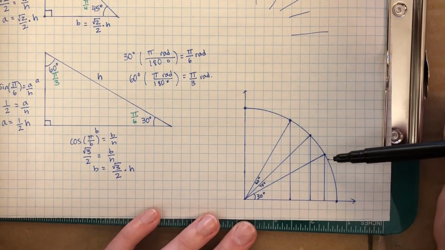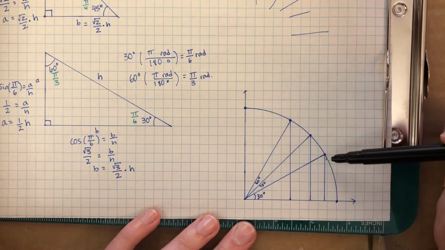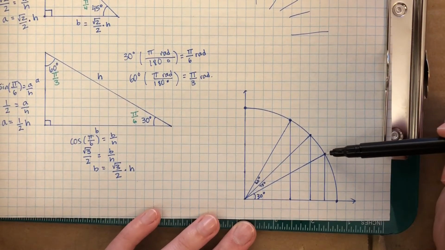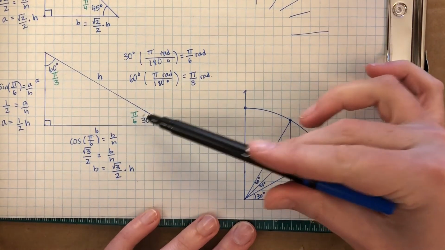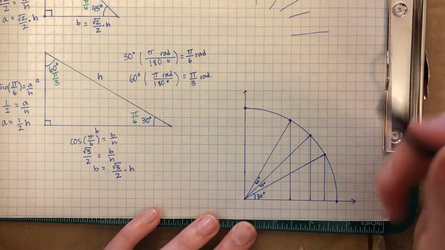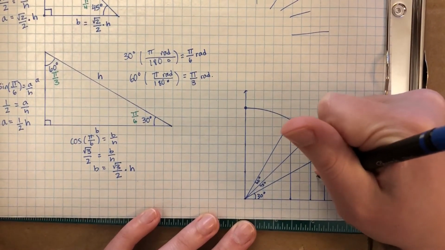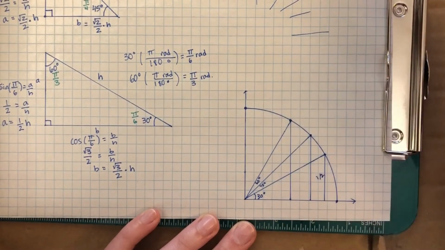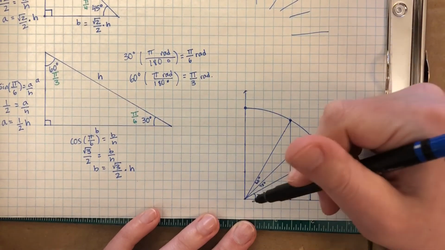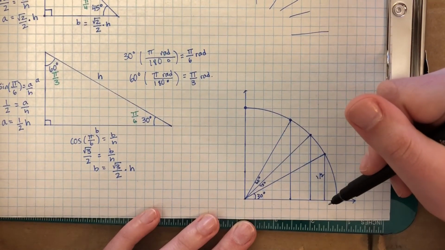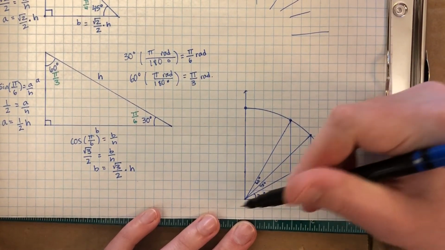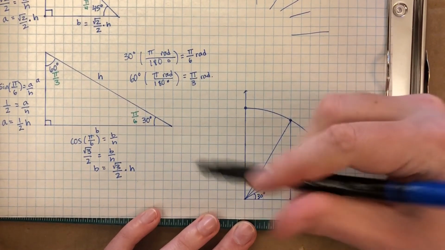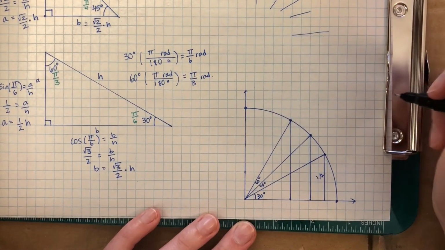So, because this is the unit circle, we're saying that the hypotenuse is exactly 1, which means that the side opposite of 30 degrees must have a length of exactly 1/2. And this bottom side, the side adjacent to 30 degrees, must have a length of exactly square root of 3 over 2.